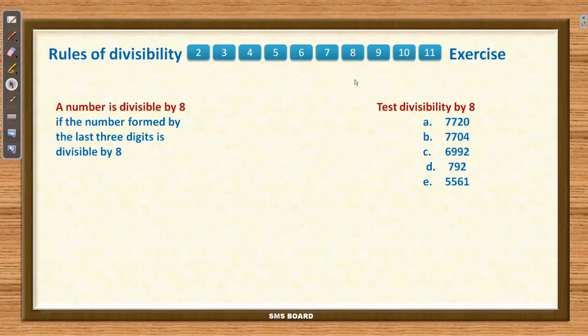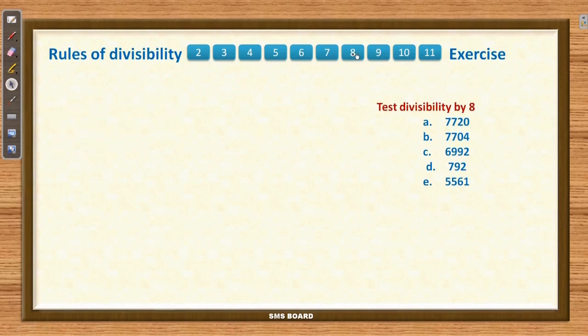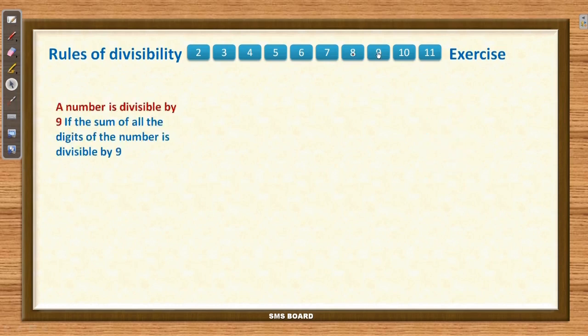We have seen divisibility of numbers by 8. Now we will see divisibility of numbers by 9. So what is the rule? A number is divisible by 9 if the sum of all the digits of the number is divisible by 9. Let us see some problems in the exercise.